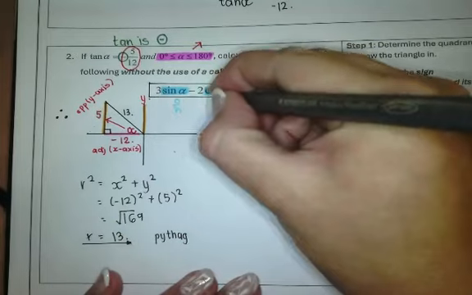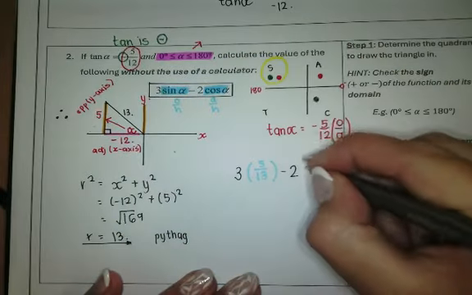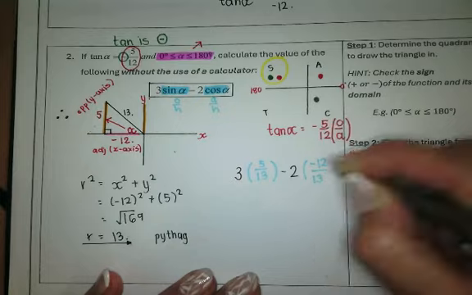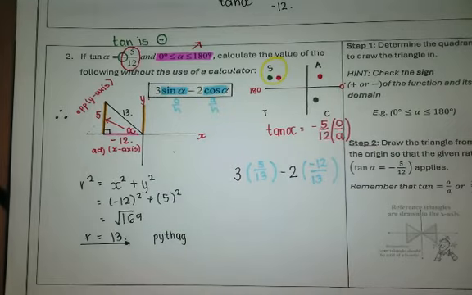Minus 2 cos alpha. What is cos alpha's value? Shackle and Hop: my adjacent side is negative 12 over 13.